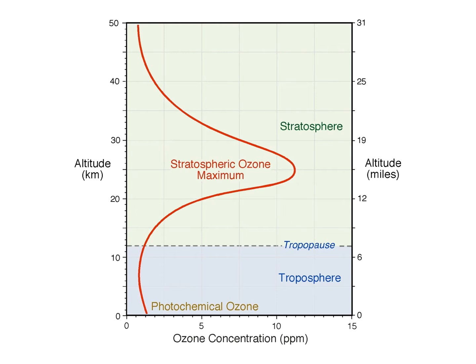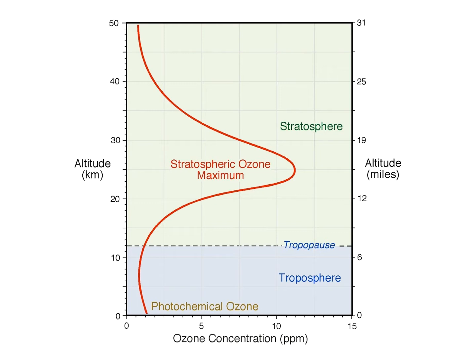So here we see the distribution of concentration of ozone within the atmosphere, and the ozone layer is from essentially 10 kilometers to about 50 kilometers, with, as I said, a maximum occurring at approximately 25 kilometers. There is also ozone at the Earth's surface.